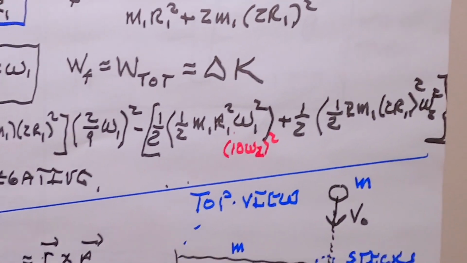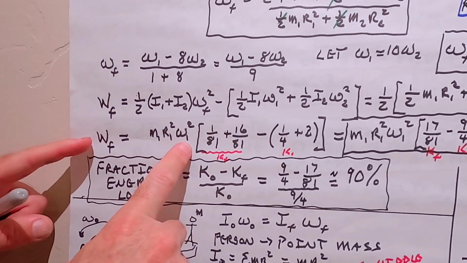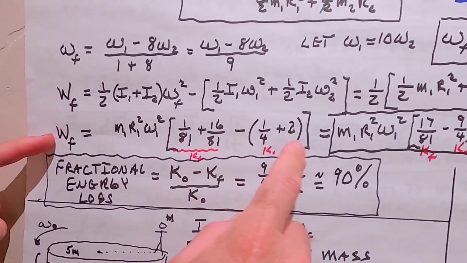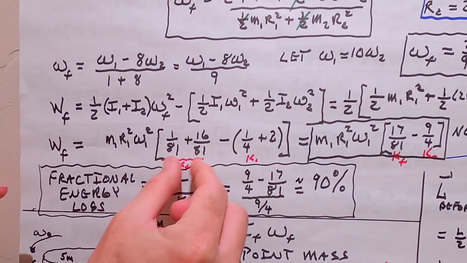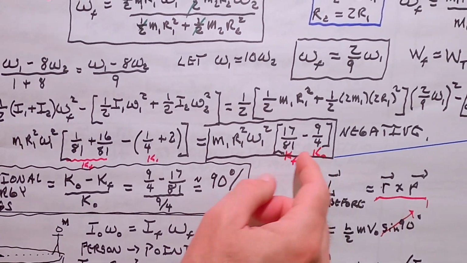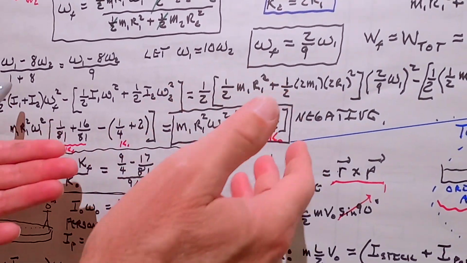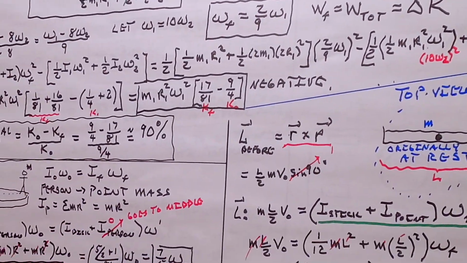And so here, combining all that term and pulling out the m r1 omega 1 squared, there's the final kinetic minus the initial kinetic. And I just combine these two and combine these two. I just left it like that right here. And you'll notice that this term is bigger than that term. This is a negative number. Why? It's the work due to friction. Work due to friction is always negative right there.